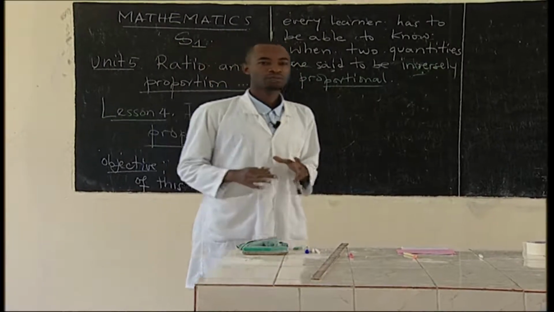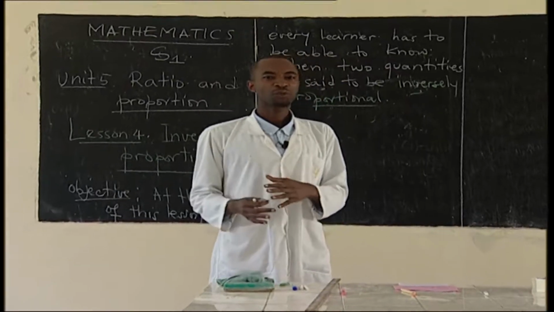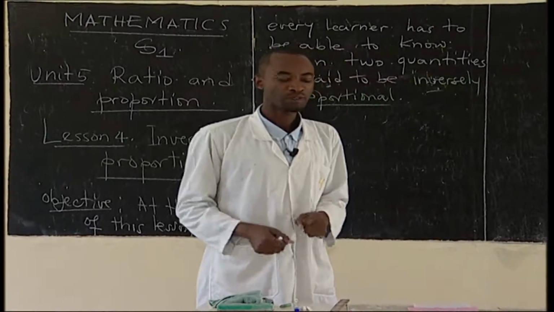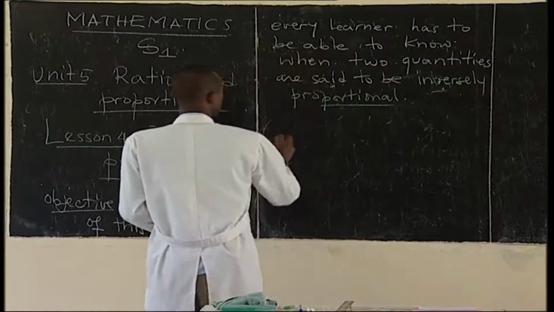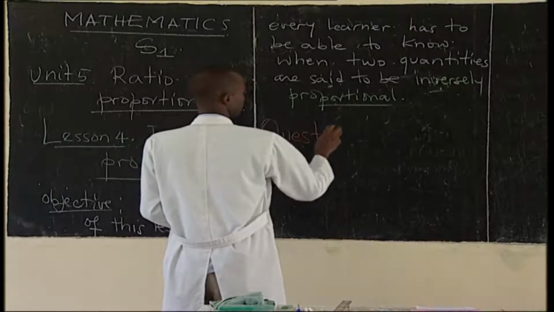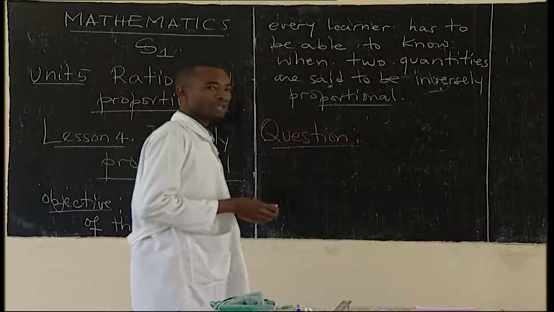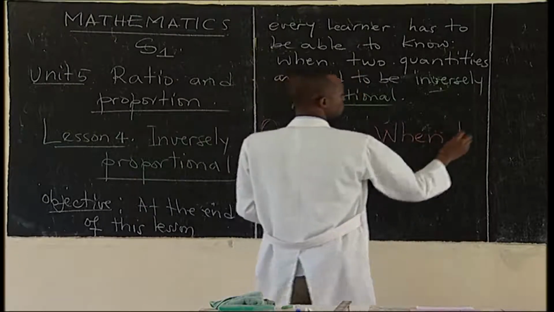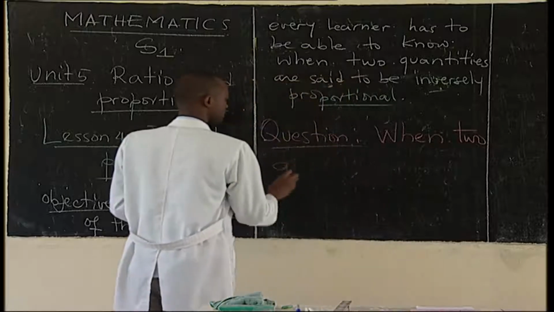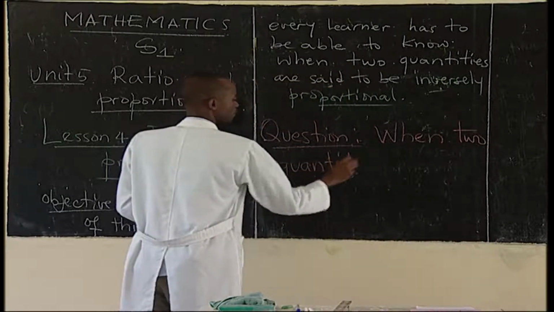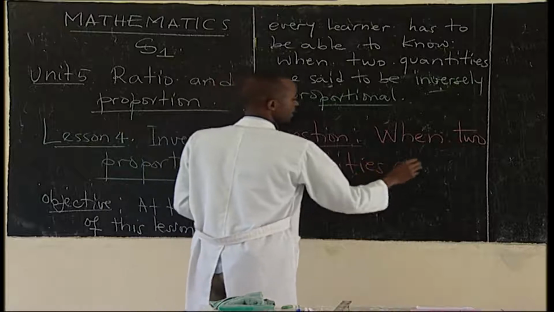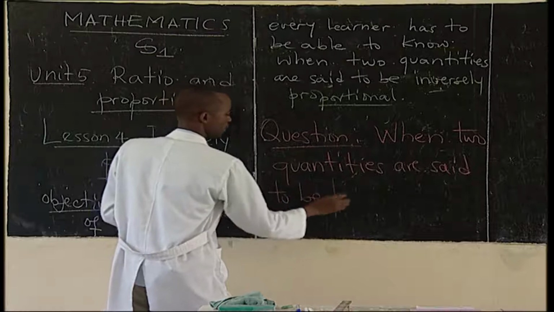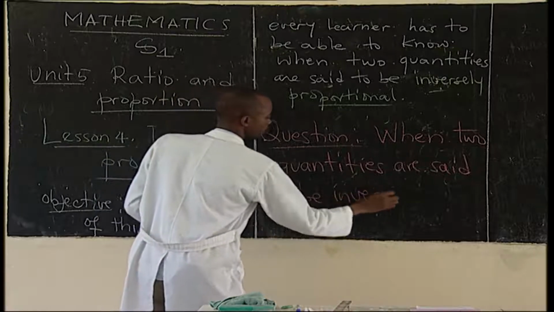Let's start with a question, and as we finish to work on the activity that I will give you, you will be able to give the answer to that question. The question is, when two quantities are said to be inversely proportional.